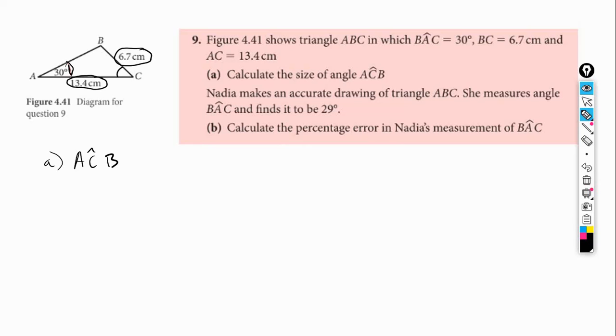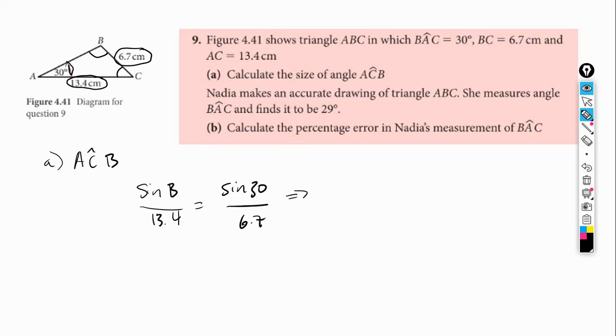Okay, so notice that we don't have all three sides. We do have an angle on its opposite side, so that means we're going to have to use the rule of sine to do this. And we're going to have to find angle ABC first. So notice that sine of B, let's just call it B, sine of B over 13.4 has to equal sine of 30 over 6.7.